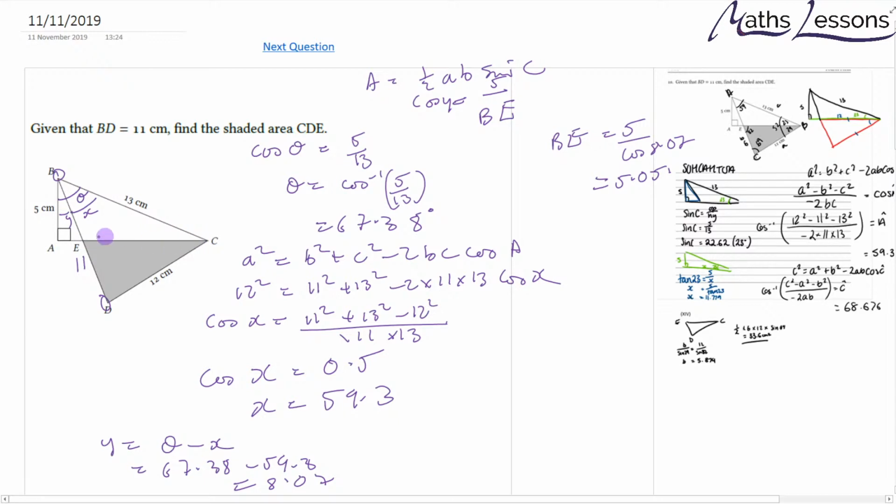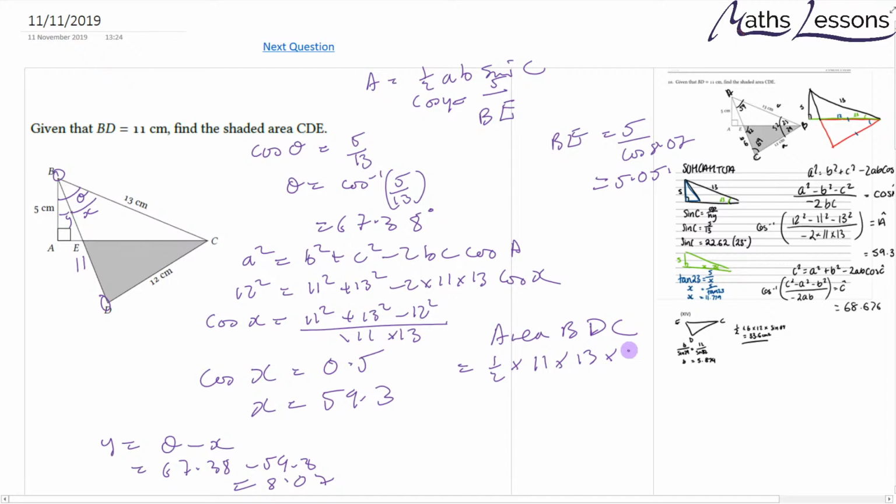So I now can work out the area of this triangle, and I can work out the area of the big triangle. So the area of the big triangle BDC will equal a half times that length there, 11, times this length here, 13, times sine of the angle here, which was my x value.